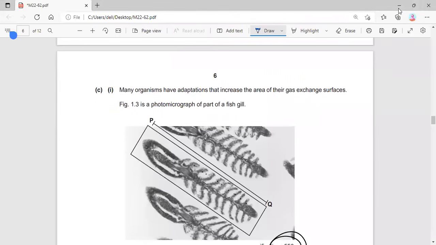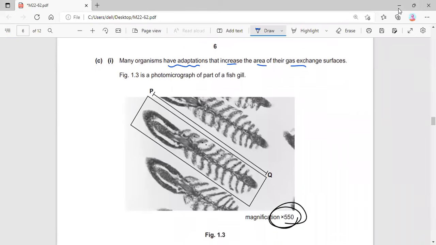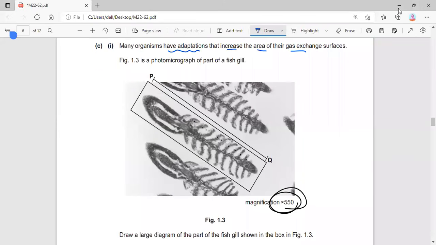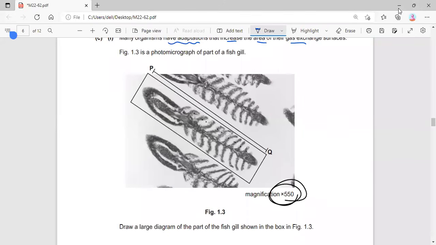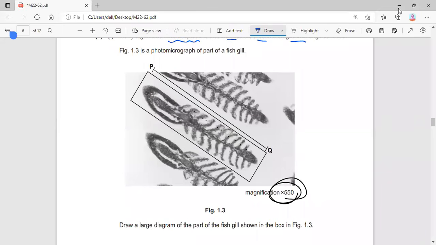C, many organisms have adaptations that increase the area of gas exchange surfaces. This is a photomicrograph of part of a fish gill. Okay, this was a bit of a tricky drawing, but it's the same rules. Draw a large diagram of part of the fish gill. What should I take care of?